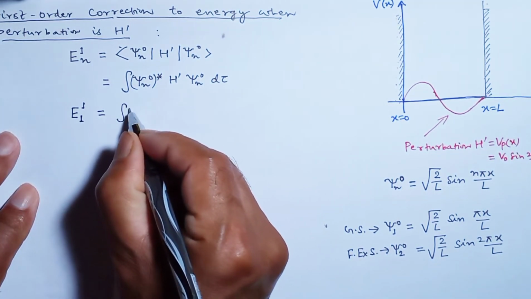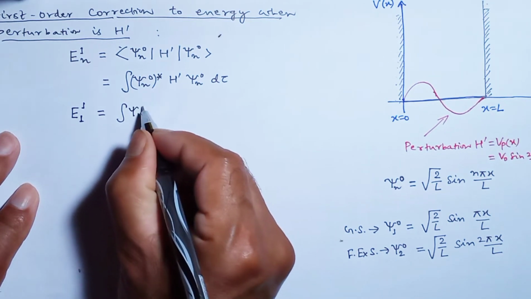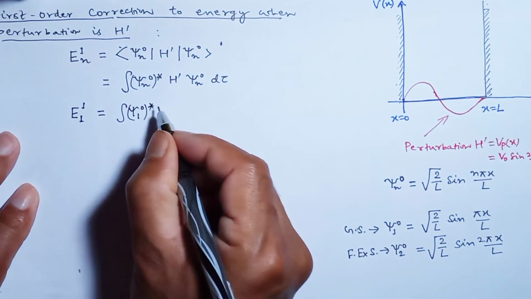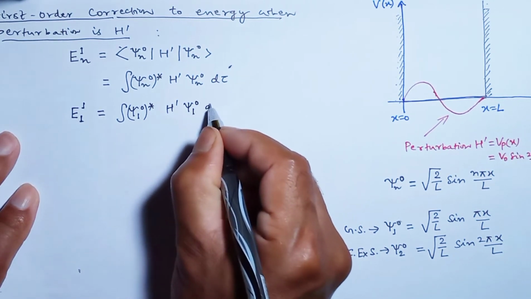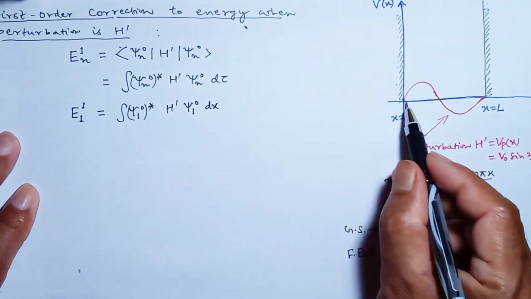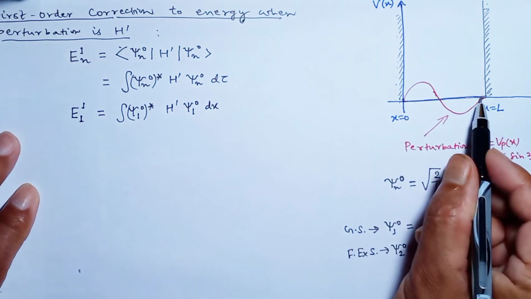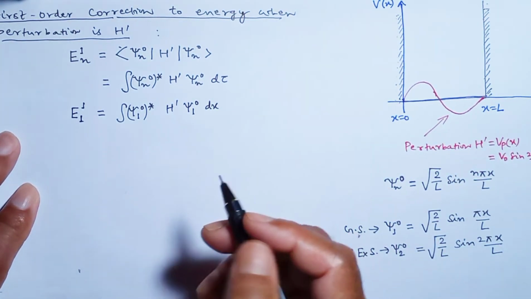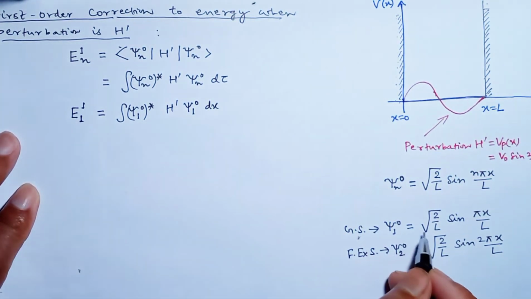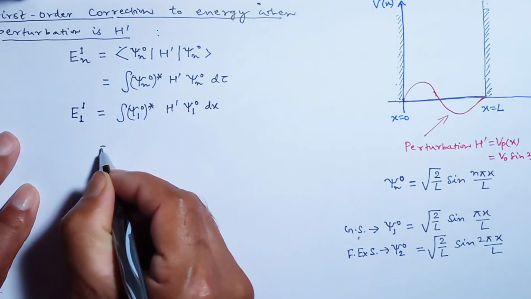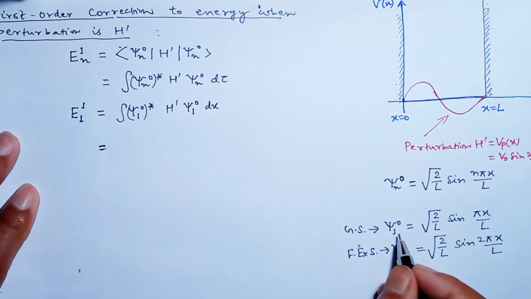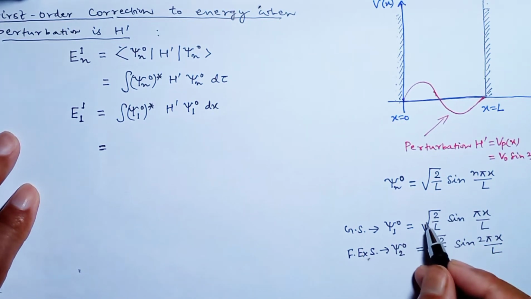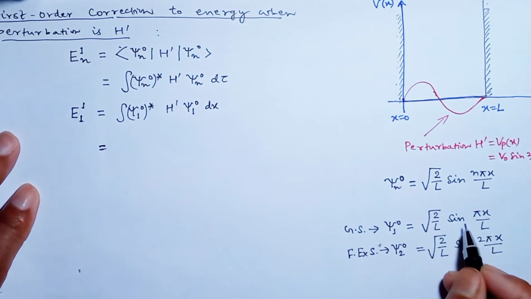It is integral psi1 0 star H prime psi1 0 dx, because here the range is from x equals 0 to x equals L, so this is dx. Now in place of psi1 0 we write here, psi1 0 star is the conjugate of psi1 0. Here there is no imaginary term, so this is the same.